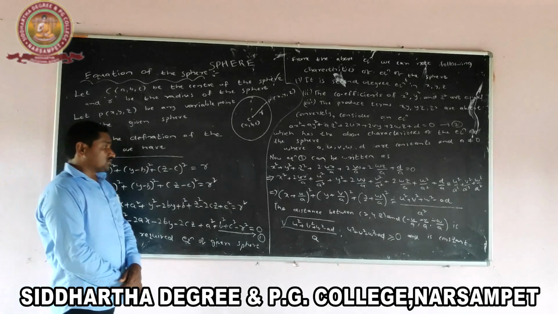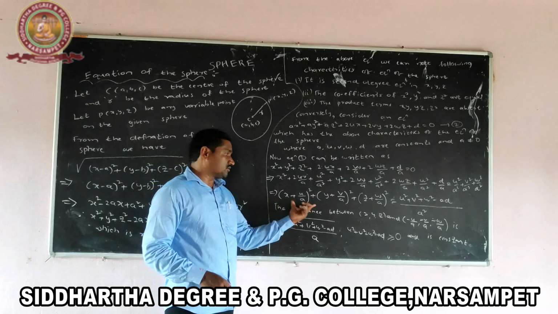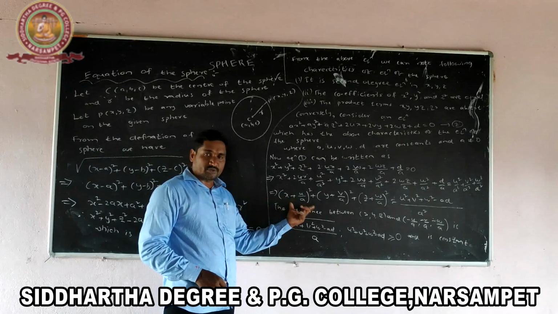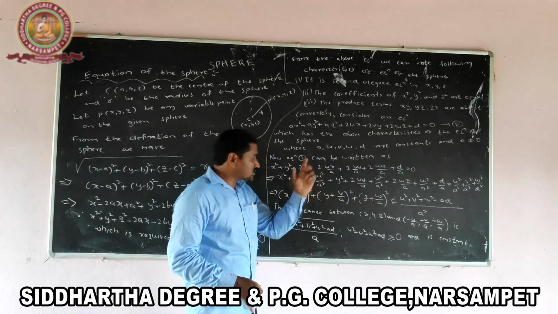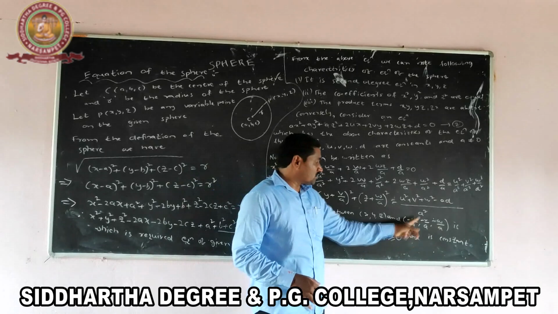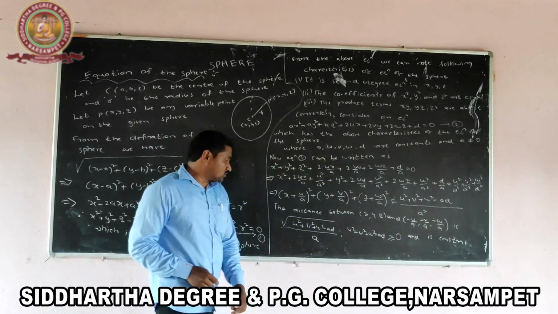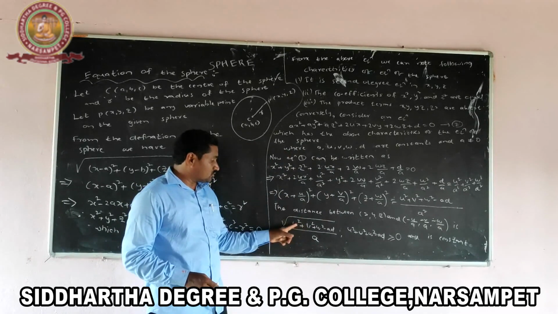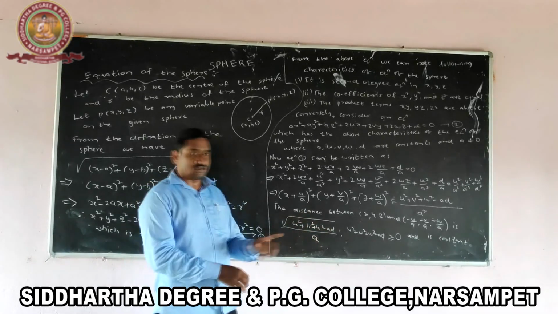So this represents an equation of a sphere whose center is minus u by a, minus v by a, minus w by a, and whose radius is the square root of u square plus v square plus w square minus ad by a.